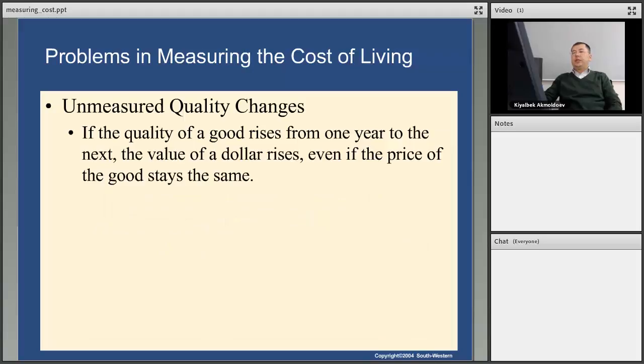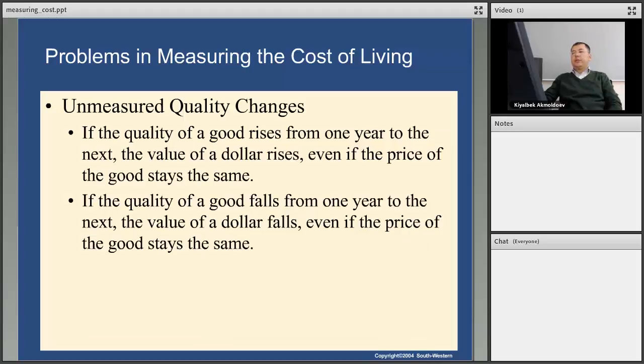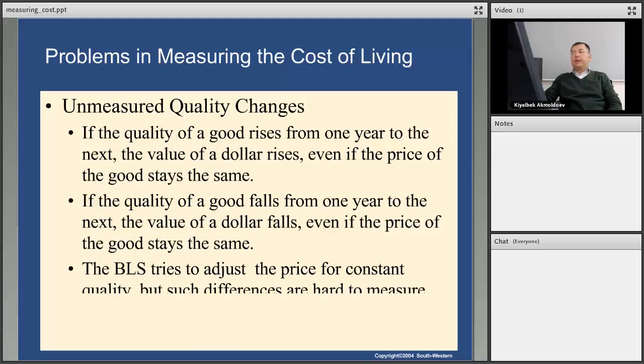Unmeasured quality change says that if the quality of goods rises from one year to another, the value of a dollar also rises even if the price of the goods stays the same. If the quality of a good falls from one year to another, the value of the dollar falls, even if the price of the good stays the same.